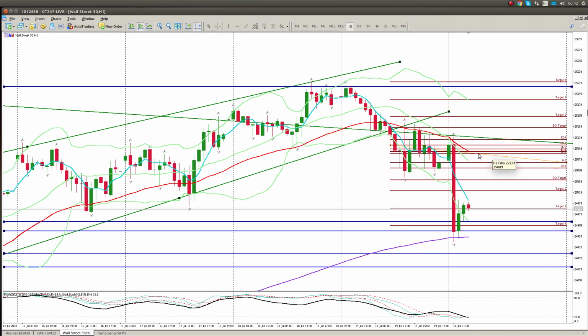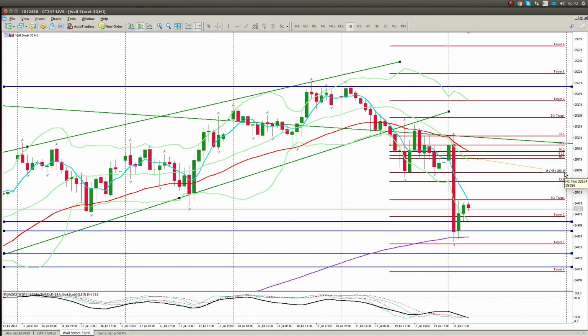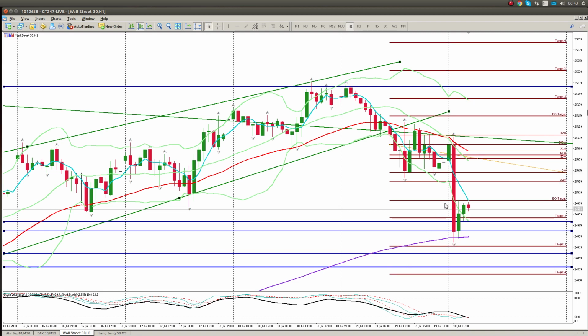I somehow suspect that we've already hit the breakout target. We've hit target 2, and so I suspect there's still more downside today. Maybe a bit of a retracement. Would be nice to get up into this area, put a line in there.